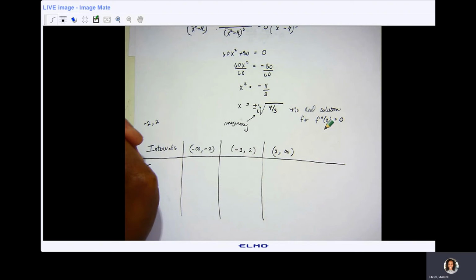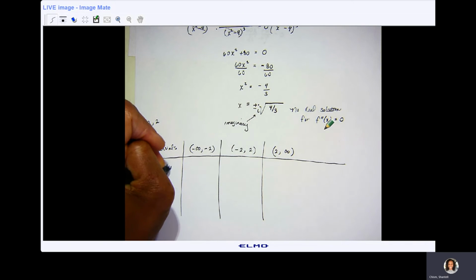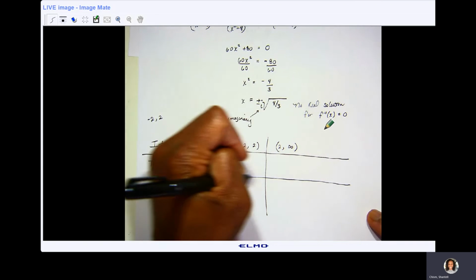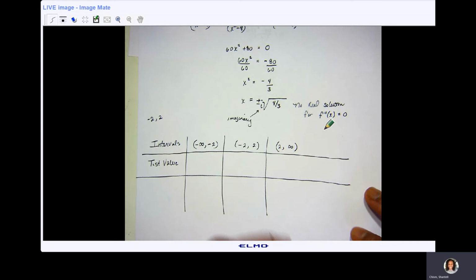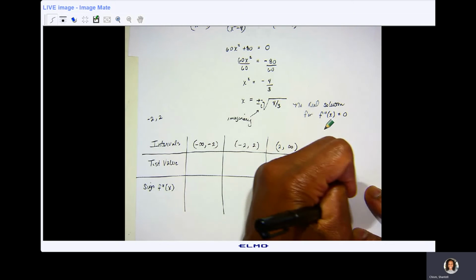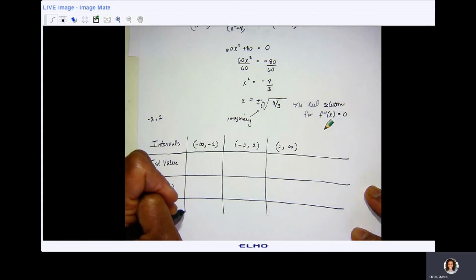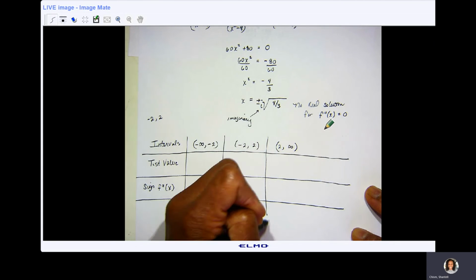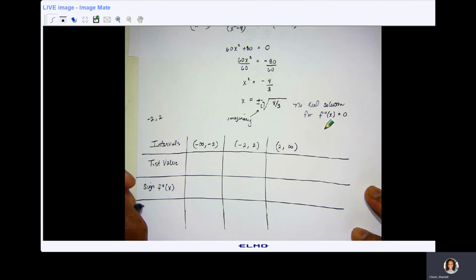We'll choose a test value in each interval. We'll look at the sign of f double prime. And then we'll draw a sign chart for f.